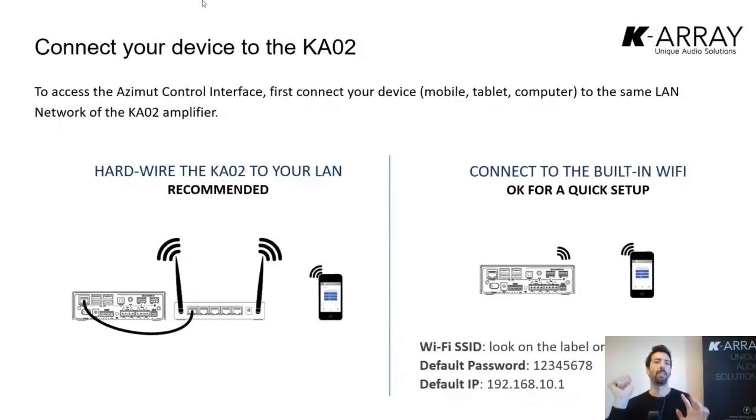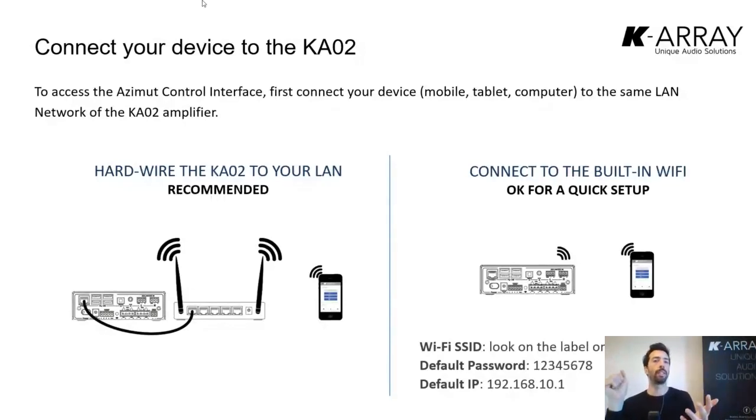The best way to do it is to connect the amplifier to a switch or a router that you have in your venue, and then connect your phone or tablet or computer to the Wi-Fi of your venue, of your home, of your restaurant or whatever.